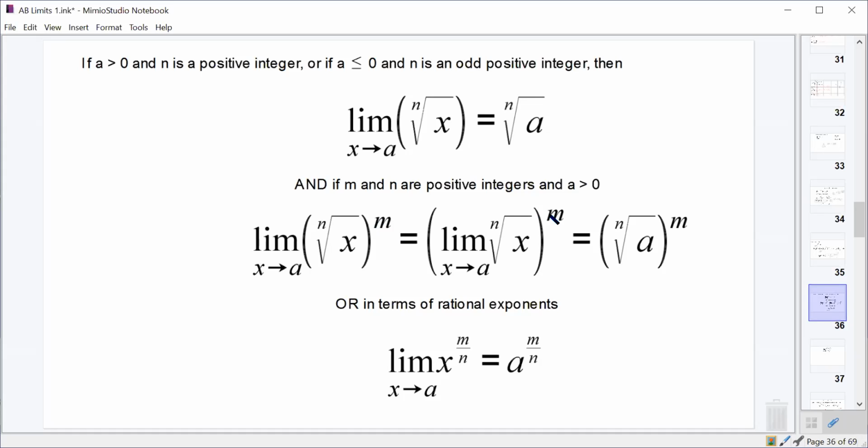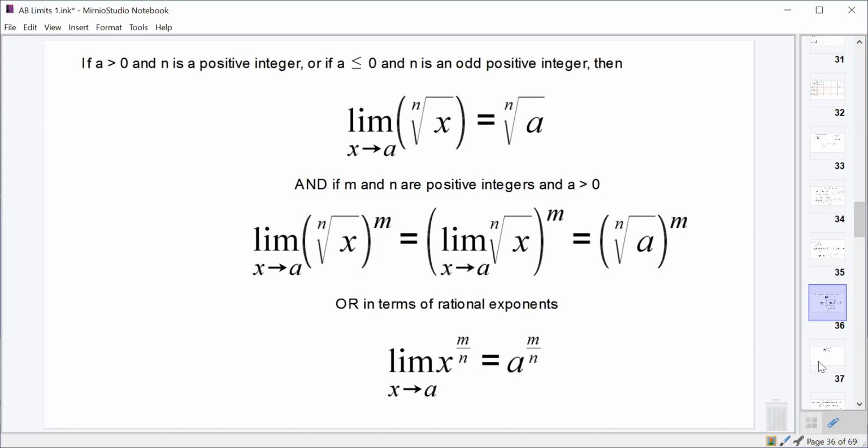You could even do the same thing with the fractional power of the root. I could say this is the limit as x approaches a of just x, and then to the power of m over n would also be fine. Everybody good there or no? Yes.